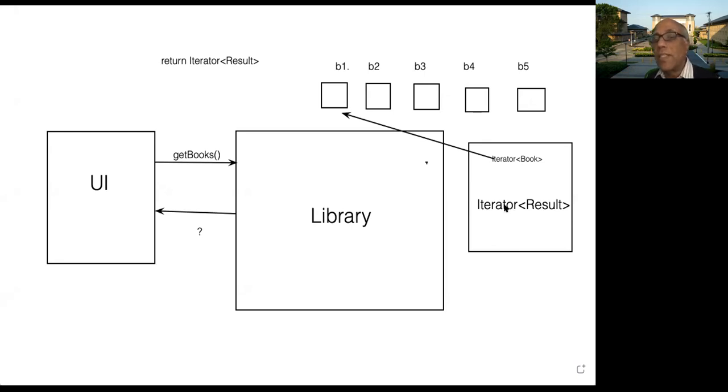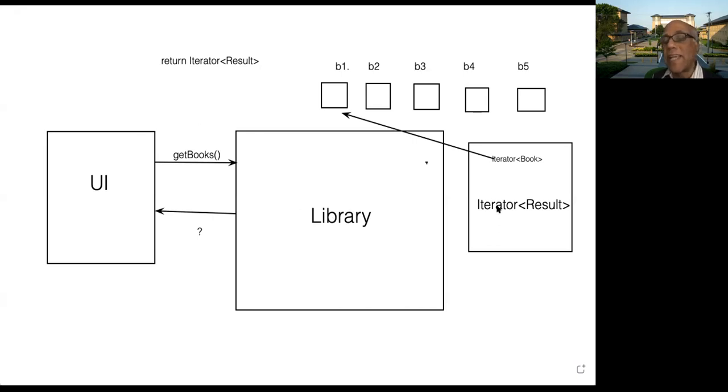Now, what does it do? If you are wanting books, it maintains an iterator to books. So it has access to all the books, and it can iterate through each one of these. What it will do is look at the first one, copy that to a result object and give it to the library.